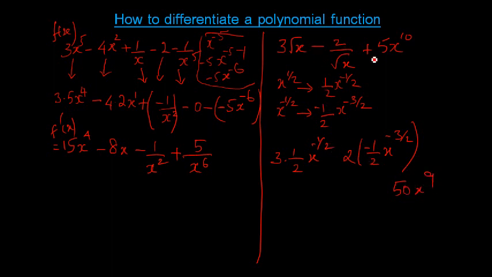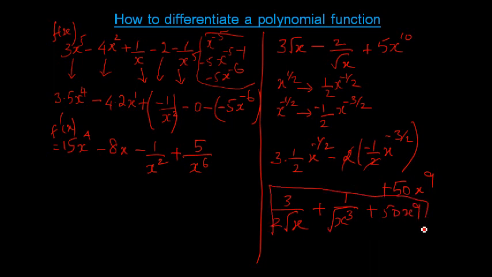And introducing the signs in between, here it is a minus sign and here it is a plus sign. So simplifying this, 3 over 2 root x, x power negative half is 1 over root x, and minus minus is plus, 2 cancels, therefore 1 over x to the power of 3 over 2 or root of x cube, either way is right, plus 50 x to the power of 9. This is the derivative of the given polynomial.